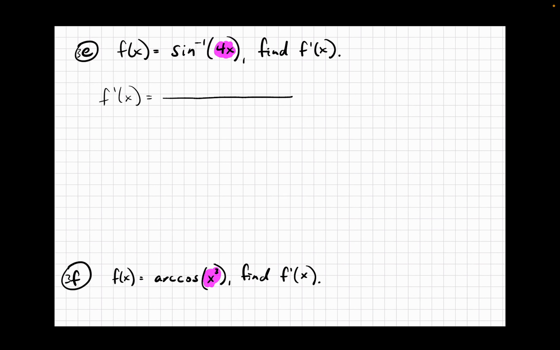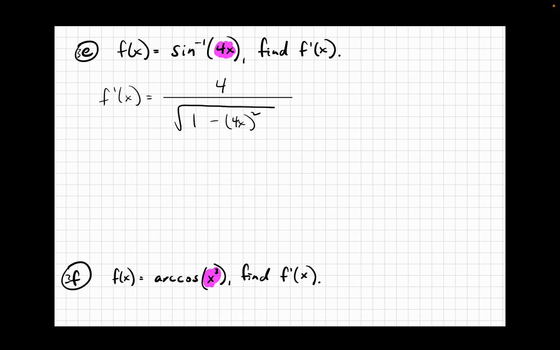According to my notes, it says stuff. So I highlighted the stuff. So it says at the top, the derivative of the stuff. So the derivative of 4x is 4. On bottom is 1 minus stuff squared.